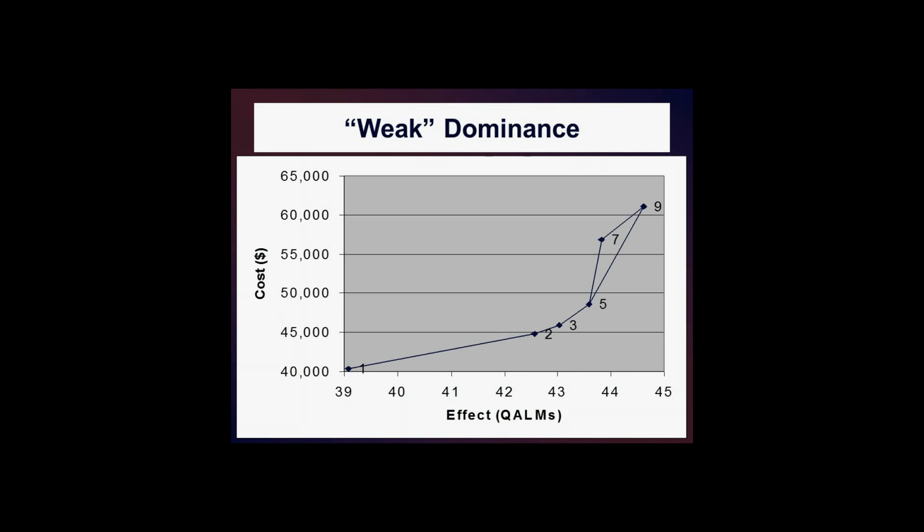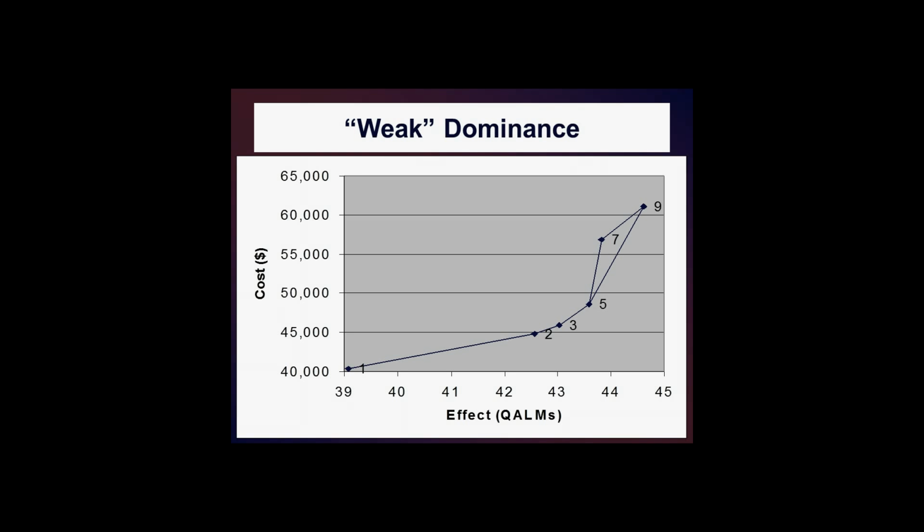And now we graph it without the dominated options, and we're going, okay, this looks more reasonable. To buy more health costs more money. 7 is a little odd here. 7 costs more and is more effective than 5, but it just looks a little peculiar. We call that concave.